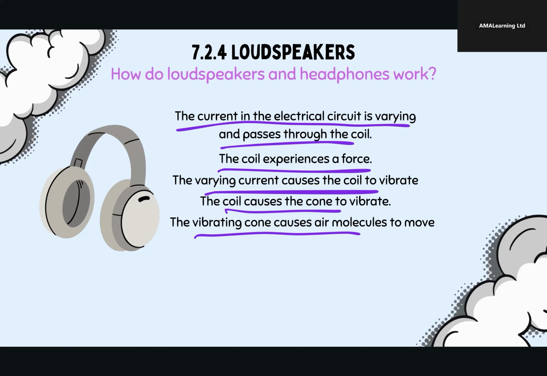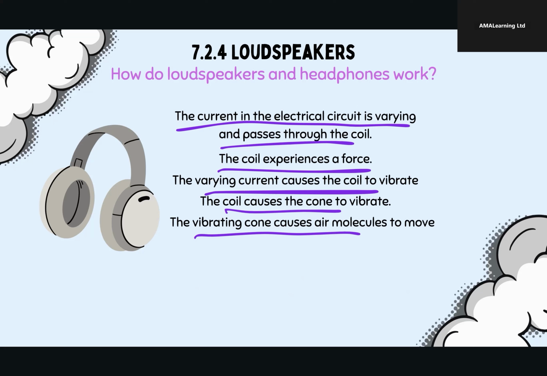So let's look at this step by step. The current in the electrical circuit is varying and passes through a coil. If you've got a coil with current flowing through it, then what's going to be produced around it? A magnetic field. So a varying current flows through the coil. The electric signals that produce the varying current come from the music or from someone's voice.